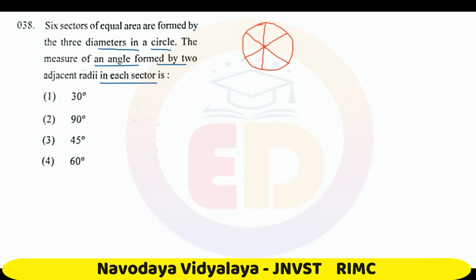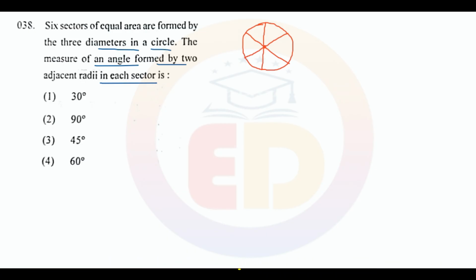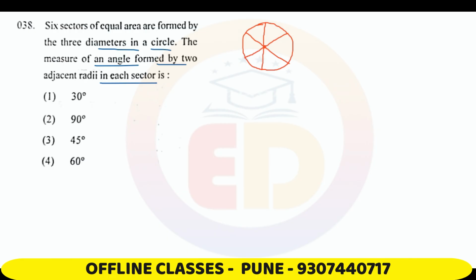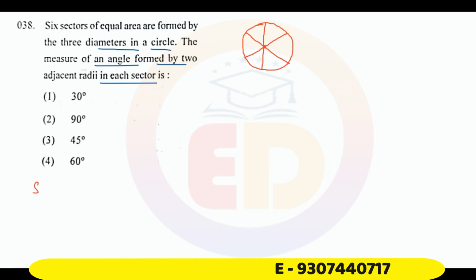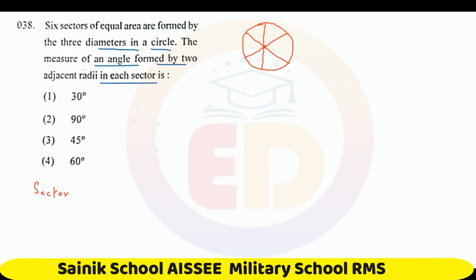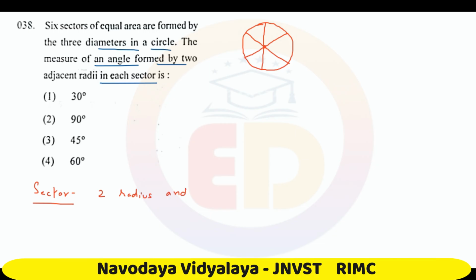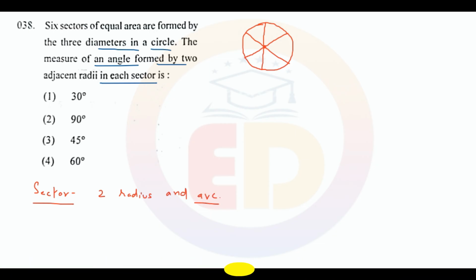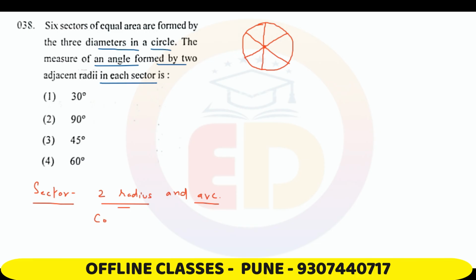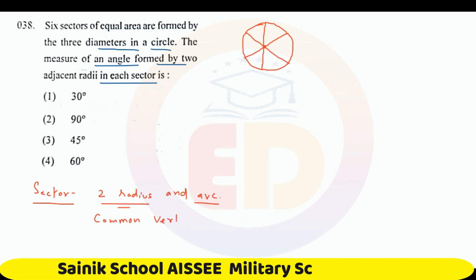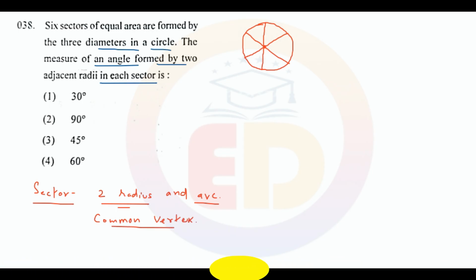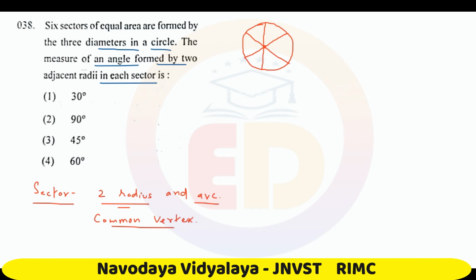Sector is that part in a circle which is formed by 2 radius and an arc, and these 2 radius should have a common vertex. It also has a central angle. The angle between the 2 radius or the vertex, that is the central angle.